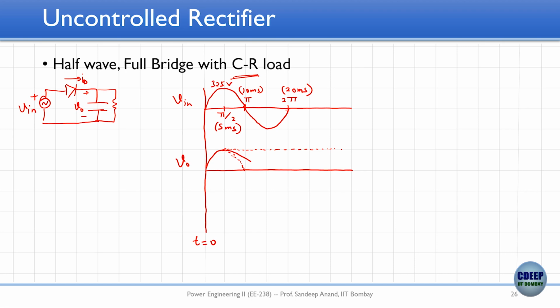From pi by 2 to pi the output voltage is at any instant more than what the diode requires to turn on, so the diode remains off and the output RC circuit discharges with the time constant R into C. It is not exactly a straight line, it is an RC discharge kind of waveform. In this period D is on, in this period D is off.